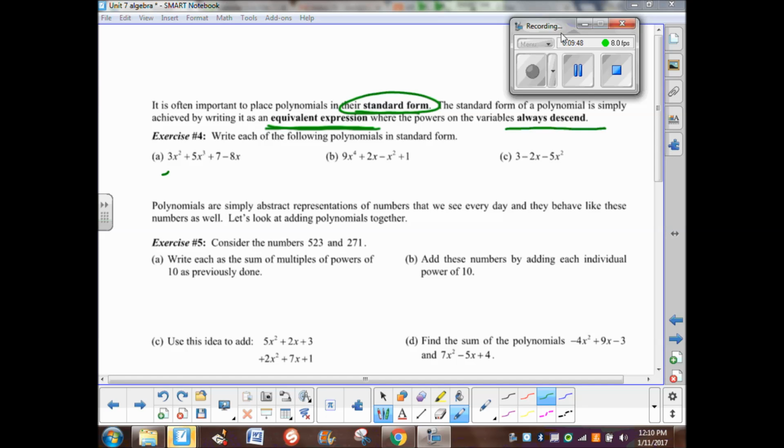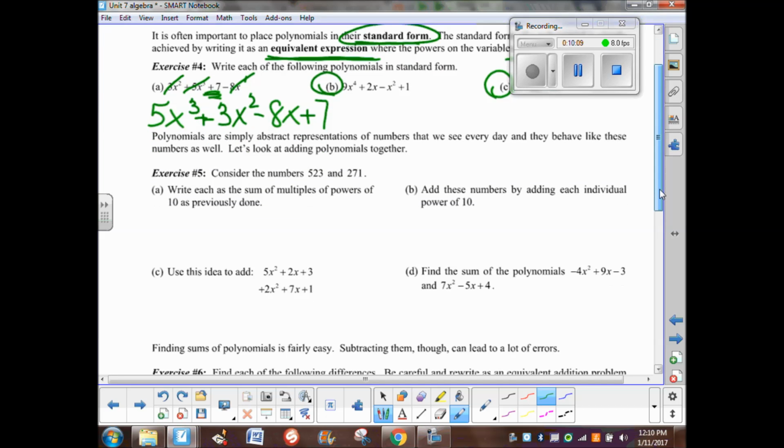He's the leader, okay? He's the line leader. And then decrease my exponents from there. So now I would say, okay, the 3x squared is going to come next, and then my negative 8x, because that's a power of 1, and I end with my caboose. Okay? I'm going to have you do B and C. Let's just put them in standard form.